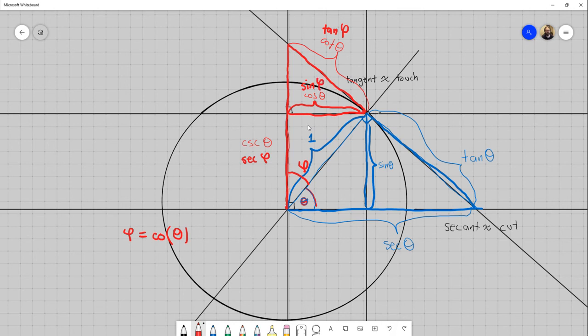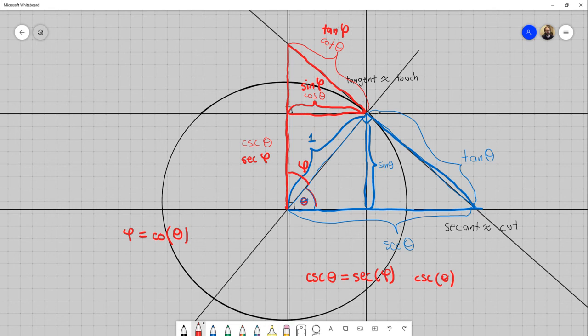So cosecant of the angle theta is the same as secant of phi. And we just said that phi is the complement. So cosecant of theta is secant of the complement.